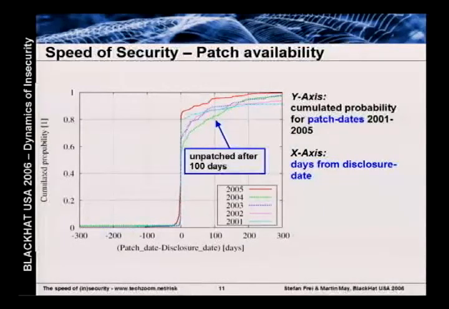Between, say, 60% and 80% of the patches are made available at the disclosure date or a little before. Patches are also made available after the disclosure date, but the rate seems to be much slower than the availability of exploits. But you also see that, say, at 100 days after the disclosure, still a lot of vulnerabilities have no patch available.